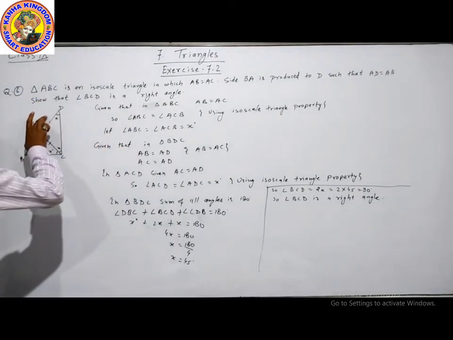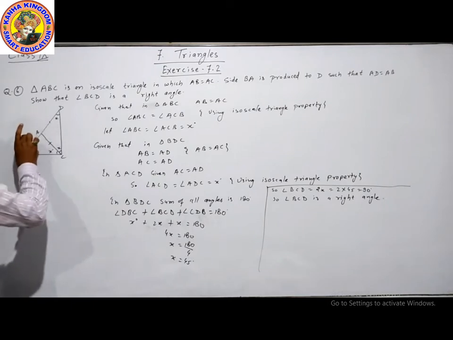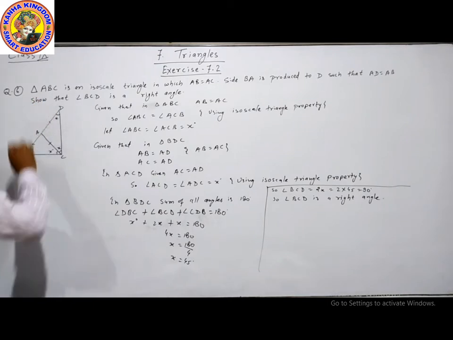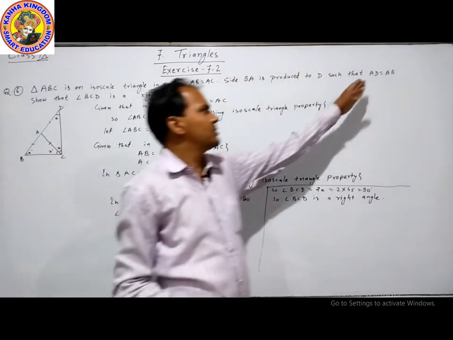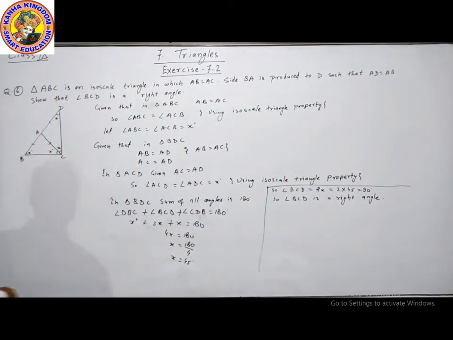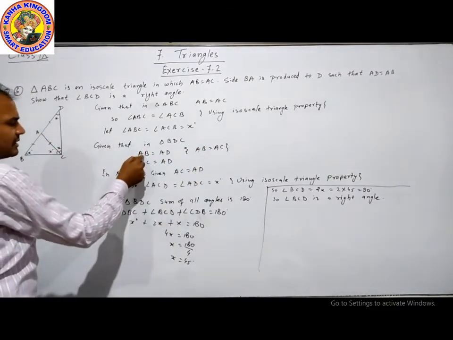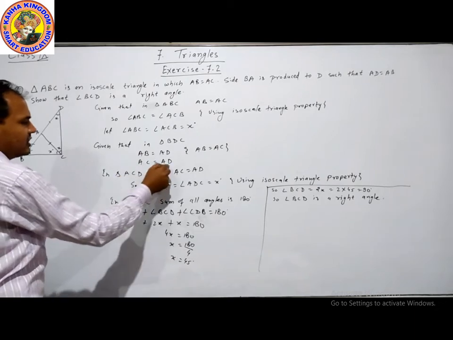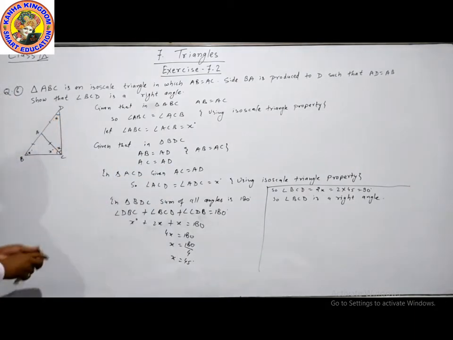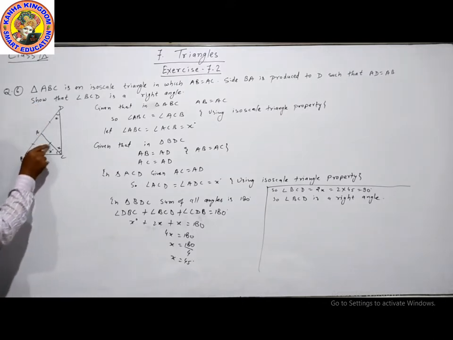On side BD, we know that AB and AD are equal. In the question, given that AB and AD are equal, but AB is equal to AC, so we can replace AB by AC. This is AC. AC is equal to AD. In this triangle, two sides are equal, so the angles will also be equal.